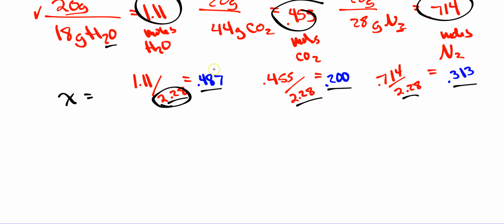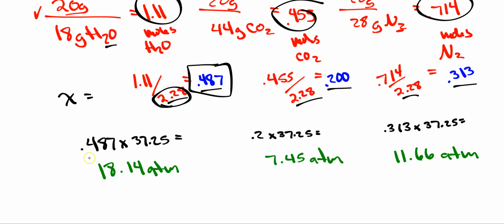So now I'm ready to plug all these in. I take the mole ratio and I multiply it each time by this answer, 37.25. And I'm going to repeat that 3 times. I plug these in each time. Mole ratio times total pressure, I'm good to go.